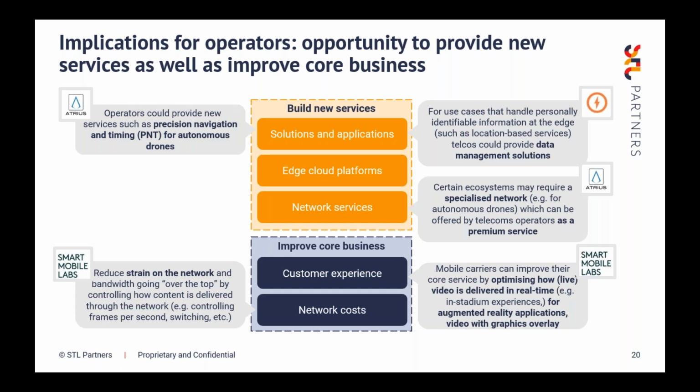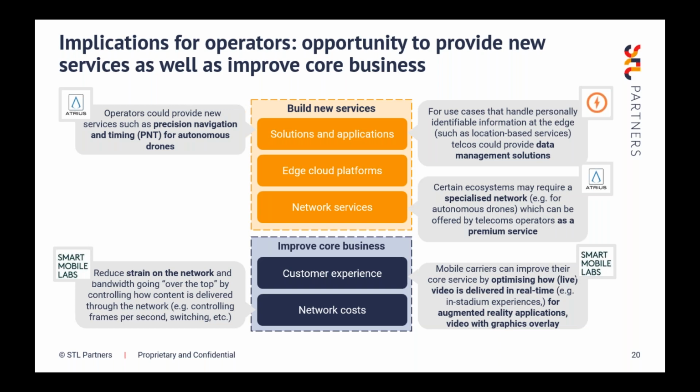The other, I guess, area is building new services, and this could span from network services, and that's related to some of these points that there are some specific network requirements that certain applications need. It may be about providing edge cloud platforms and the infrastructure, or some way of accessing the infrastructure and other capabilities. And then the highest point of the value chain is providing those end application solutions.